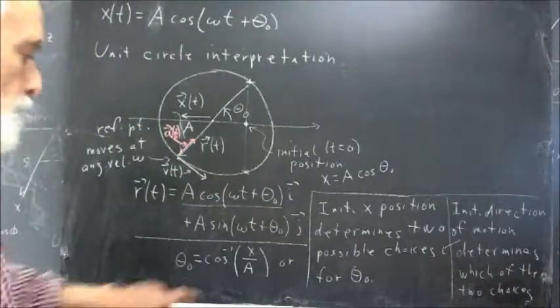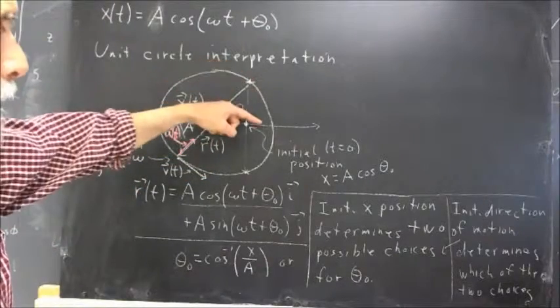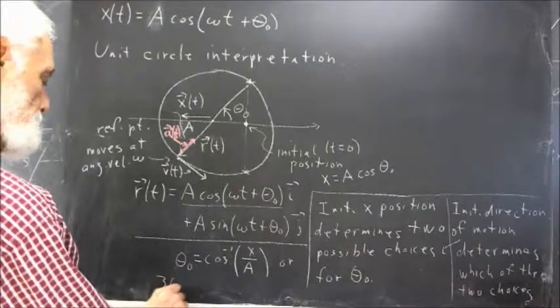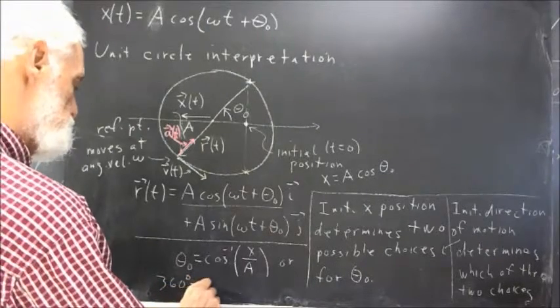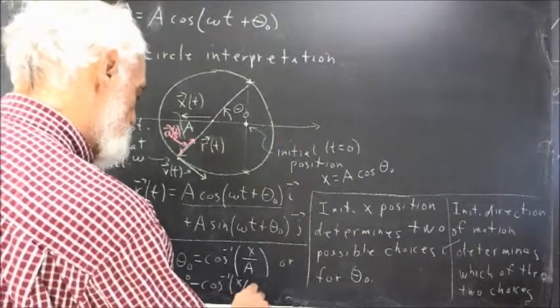Okay, theta naught could be the inverse cosine of x over A, or it could be 360 degrees minus the inverse cosine of x over A.